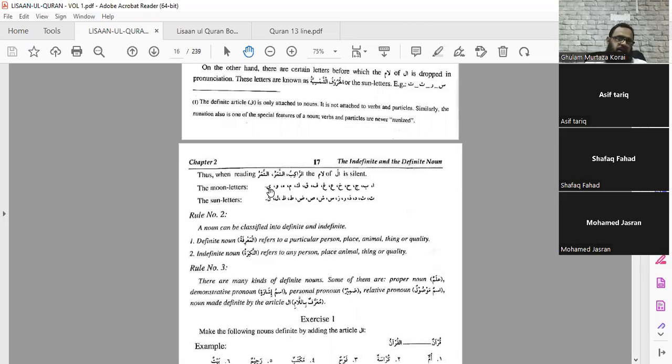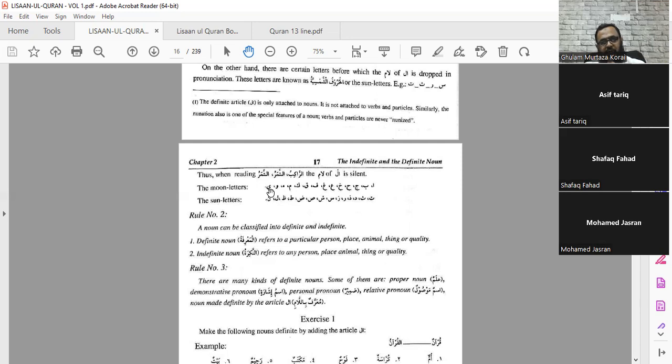What does it mean? When we use alif lam before such nouns, like we are starting with bab, al-babu. Okay, babun, then al-babu. Now lam is pronounced. Lam is not silenced. Like if I say jamalun, when we use alif lam, it will be al-jamalu.